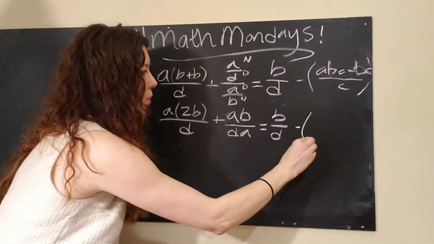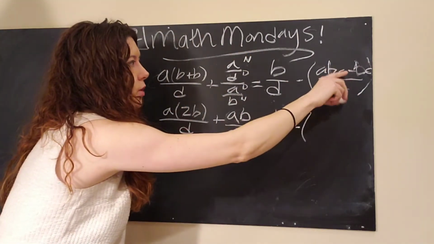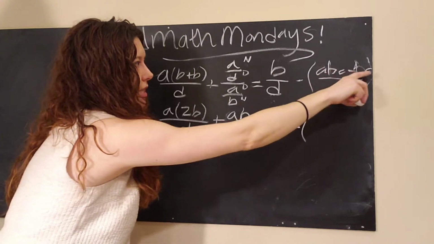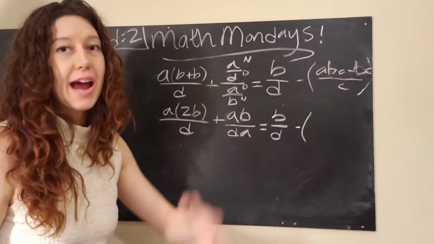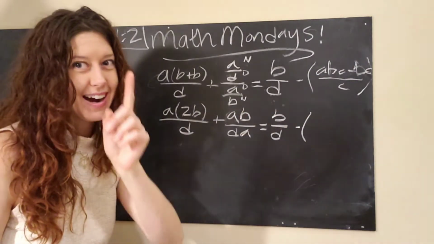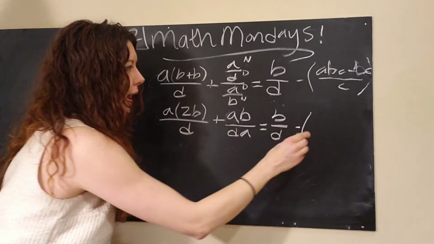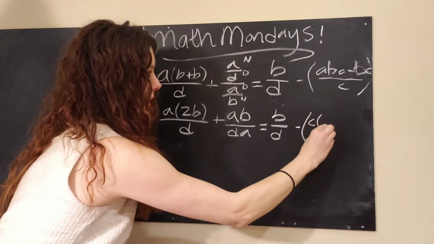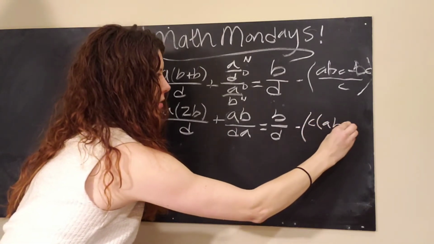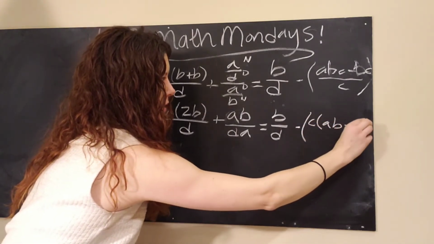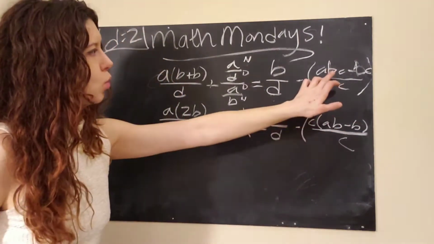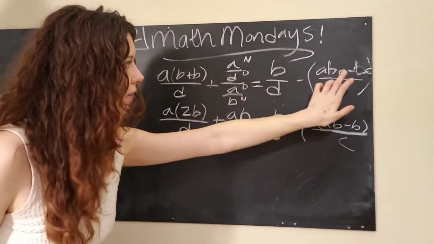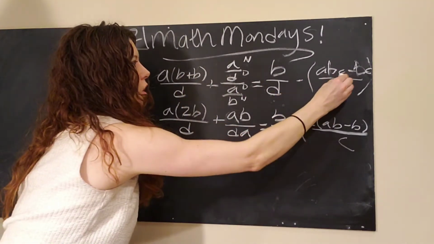So I'm going to still put parentheses, and you'll notice that all of the terms inside this fraction have a C in them. So what we can do is pull out that C and write it like AB minus B, all over C.